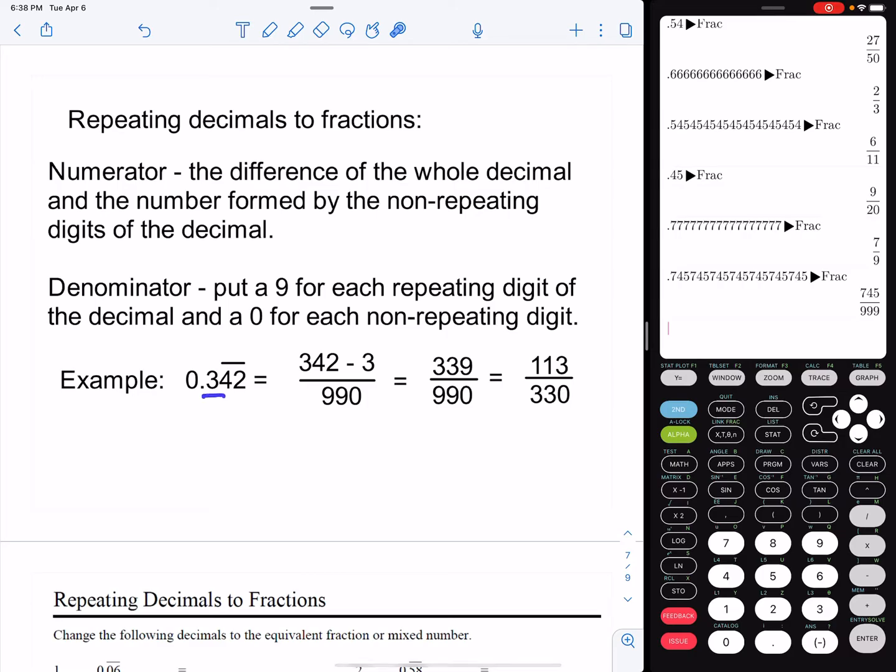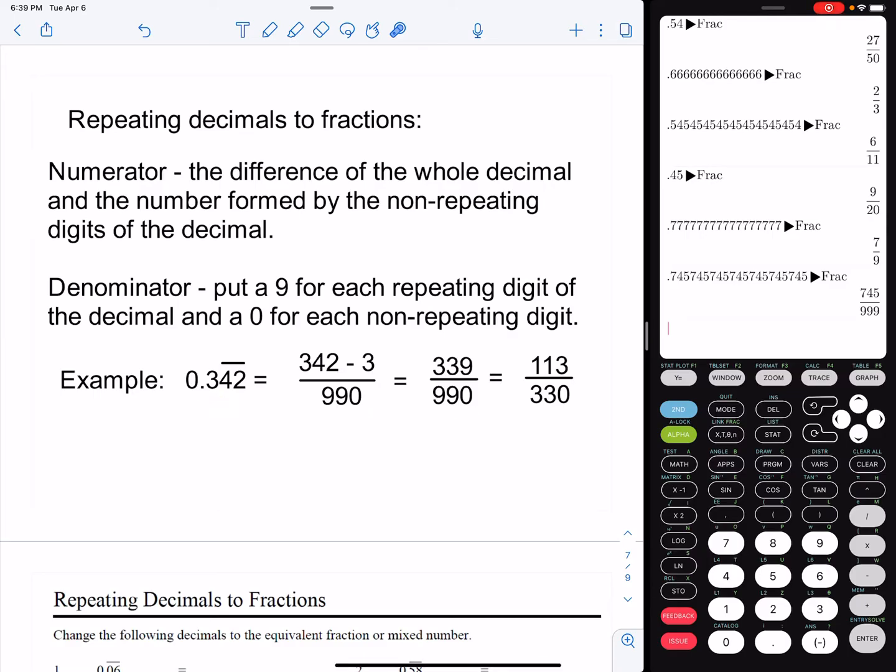In this case, there's just one, so I subtract the 3. So 342 minus 3 gives us 339. And then you put that for the numerator. You're going to put a 9 for each repeating digit and a 0 for each non-repeating. So this one's got 2 repeating digits, so I put 2 9s. It's got 1 non-repeating, so you put a 0. So our denominator becomes 990.